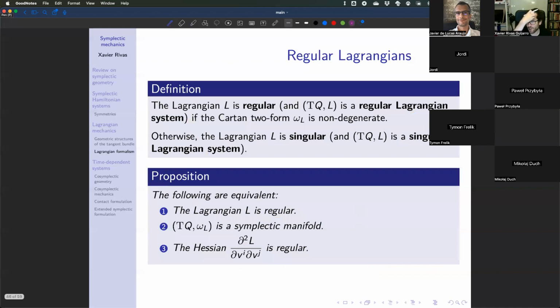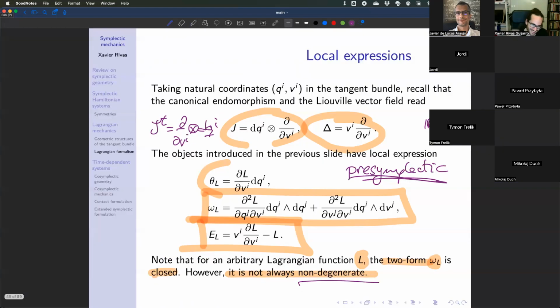I will not be talking a lot about the singular case. May I make a comment? Yeah, sure. Normally, one technical point is that it's closed, but there is another detail: sometimes one requires the kernel to have a constant fixed rank. Sometimes it is cosymplectic when it's closed and the kernel is a distribution with a fixed rank, I mean a regular distribution. Yeah, you're right.